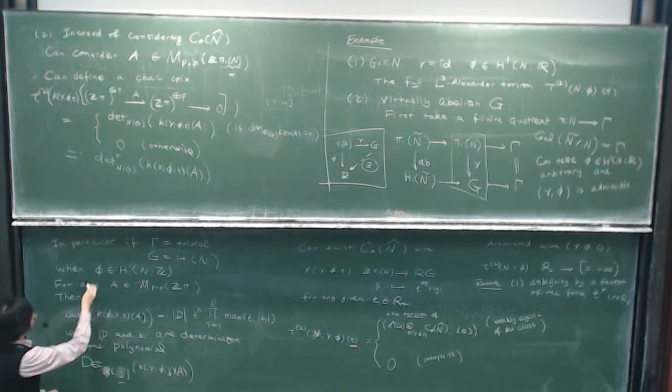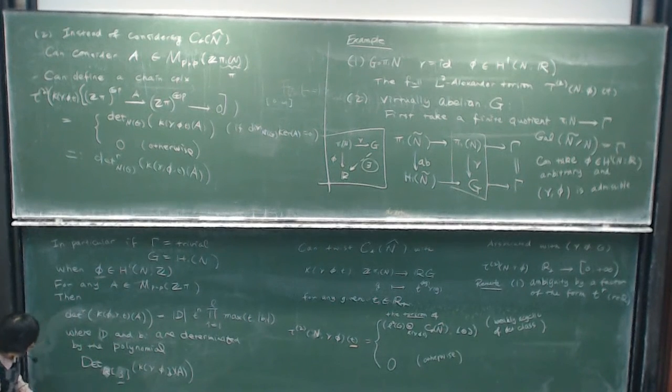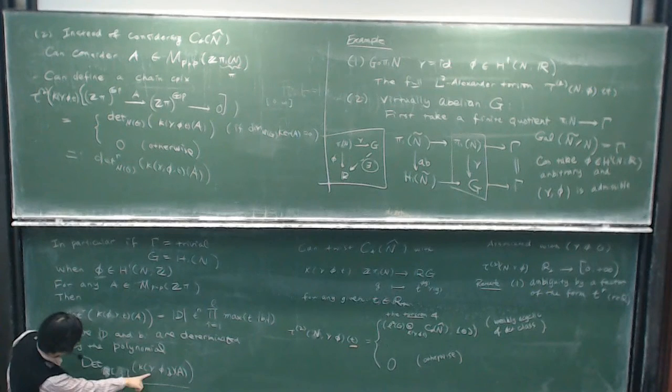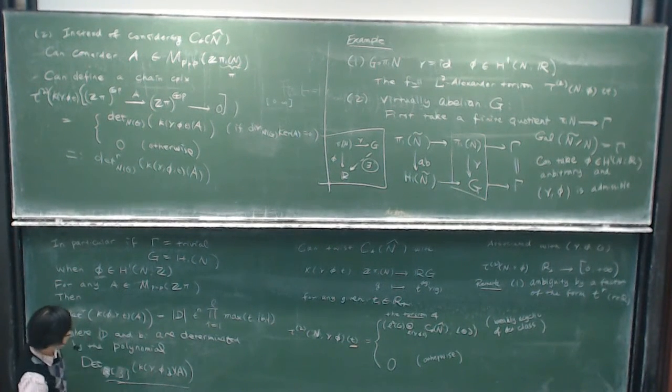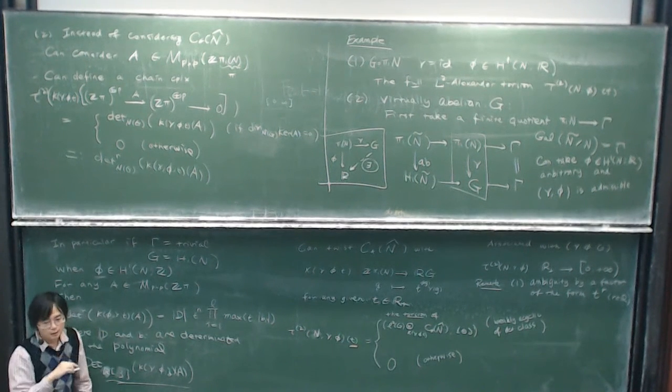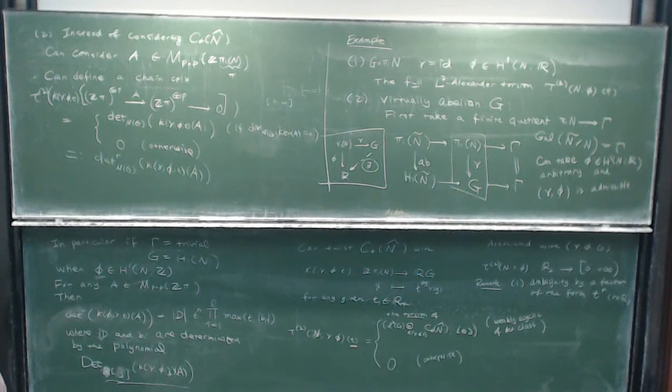But if you specify a cohomology class, then you can. Gamma is which little gamma? Right, it's just an abelian line. Yes, exactly.